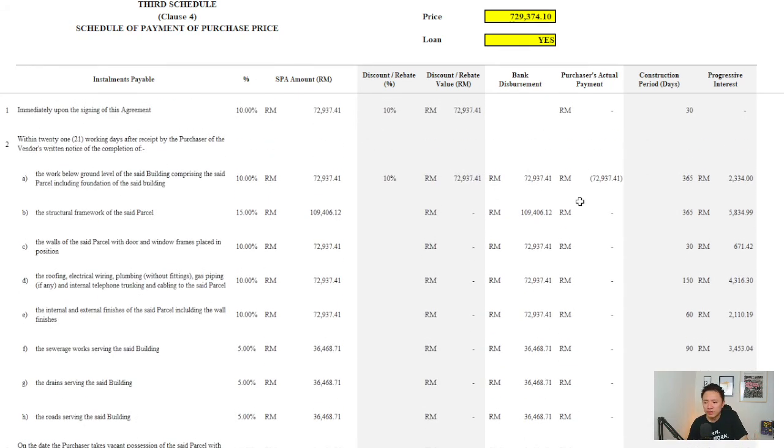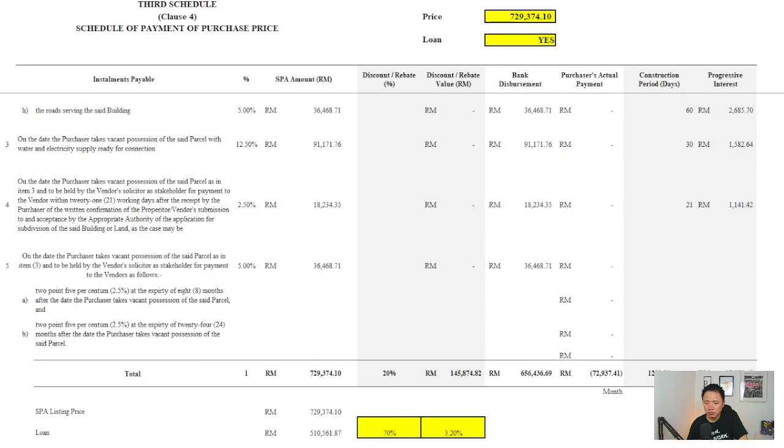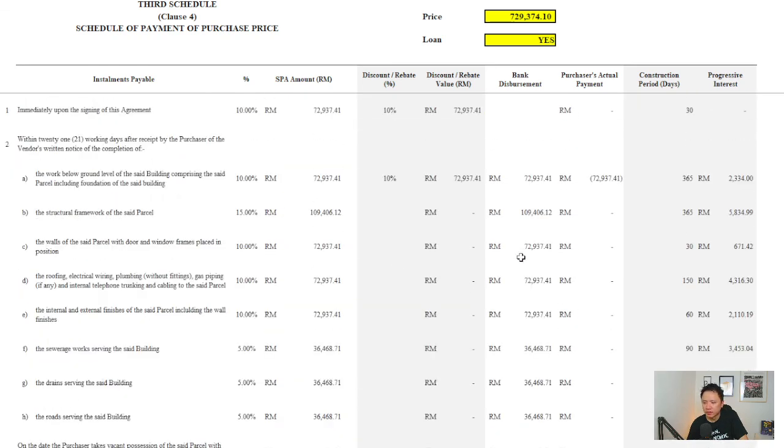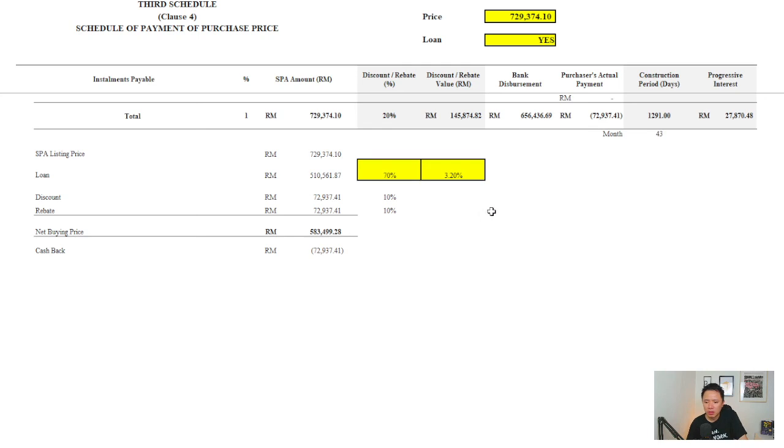So when LTV is 70%, it means that you need to fork out 72,000 upfront, because your loan is lower than your net purchase price. So that's the reason why.